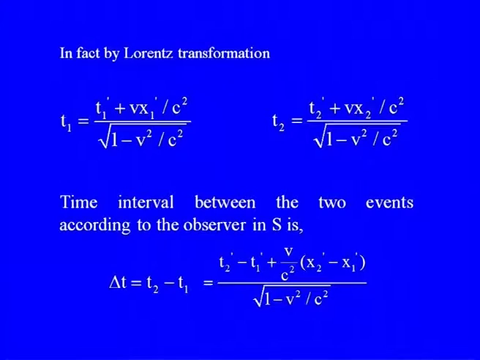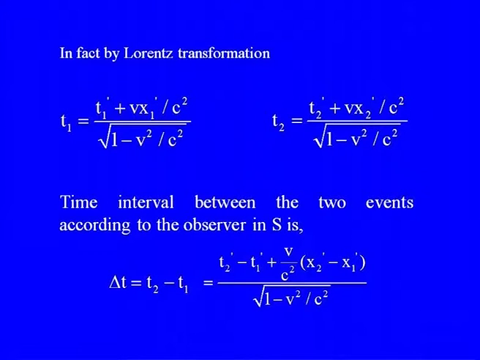So T1 is T1 prime plus v x1 prime by c square, divided by root over 1 minus v square by c square, and T2 is T2 prime plus v x2 prime by c square, divided by root over 1 minus v square by c square.